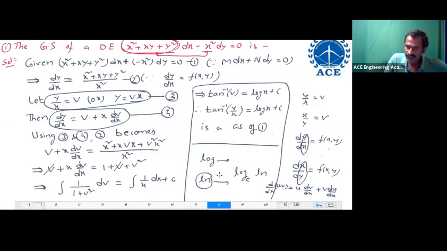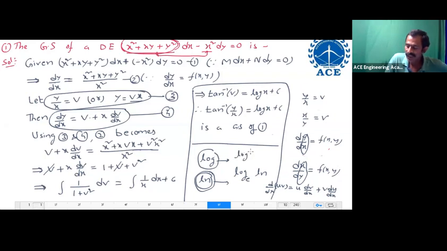Both are logarithmic functions. One is log, other one is ln. Ln means natural logarithm and log means common logarithm. Instead of writing ln always, we write log without any base. If you do not write a base, it is understood that the base is e only.